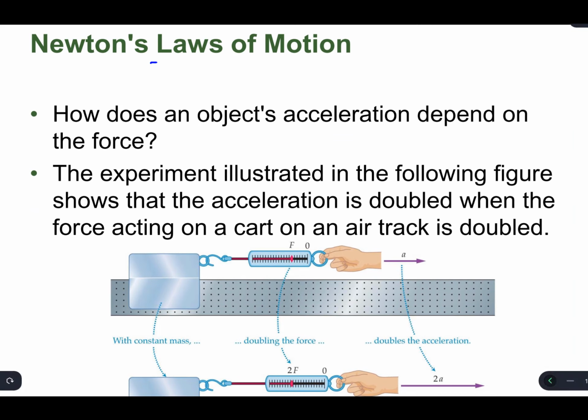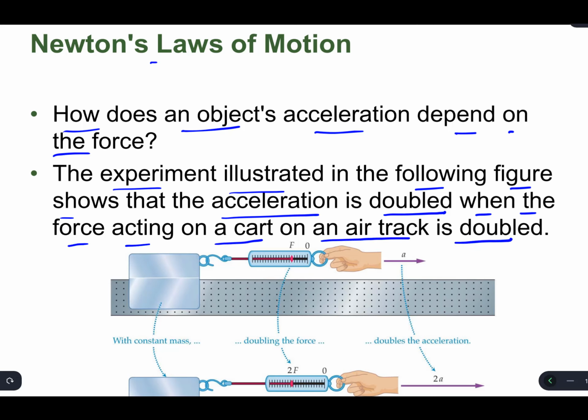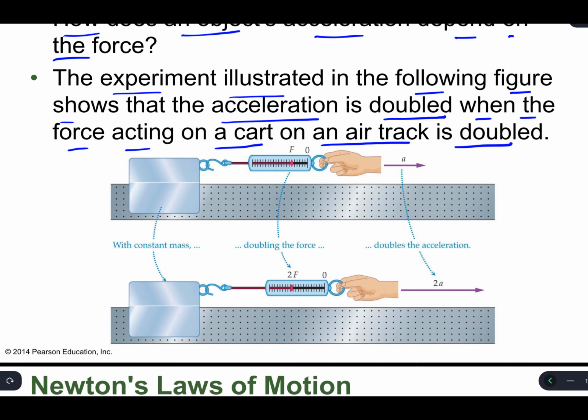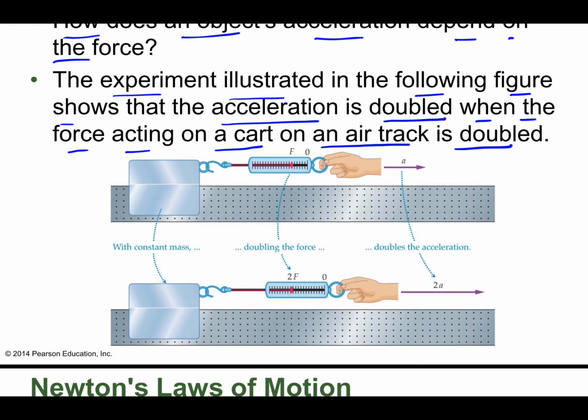Newton's laws of motion. How does an object's acceleration depend on the force? The experiment illustrated in the following figure shows that the acceleration is doubled when the force acting on a cart on an air track is doubled. Imagine that you double the force.